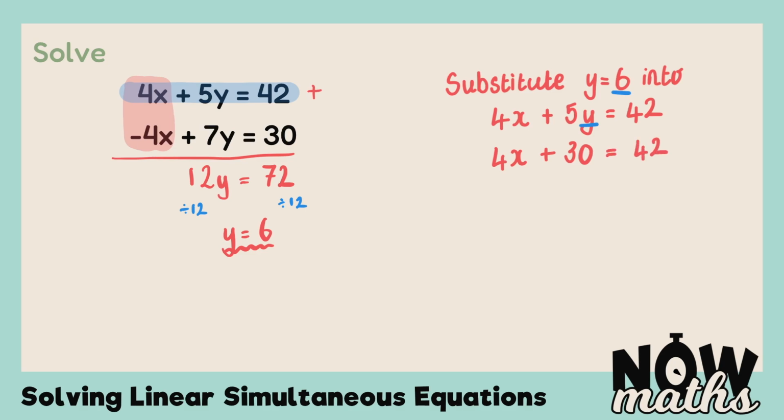And then solving for x, we subtract the 30 from both sides to give us 4x on the left and 12 on the right. And then dividing by 4 gives us x on the left and 3 on the right. So we have our x solution as x equals 3. So our final pair is x equals 3 and y equals 6.